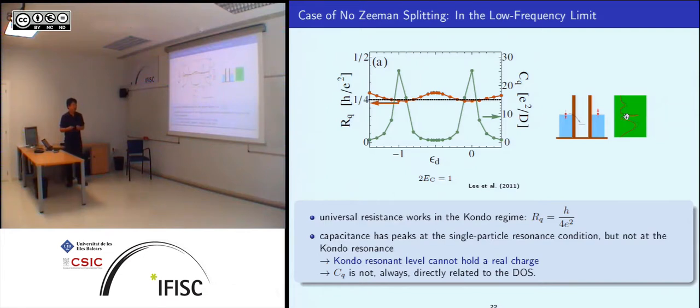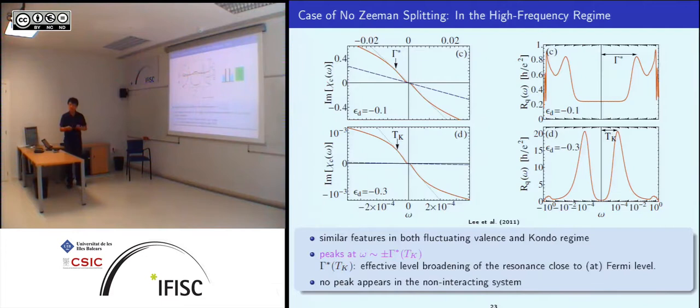But the Kondo state is an induced one, so it's not a real state to take charge into the level. Actually, there is no real level at the Fermi level. So this shows that the quantum capacitance is not always related to the density of states, and the mean-field interpretation can be wrong in some cases.